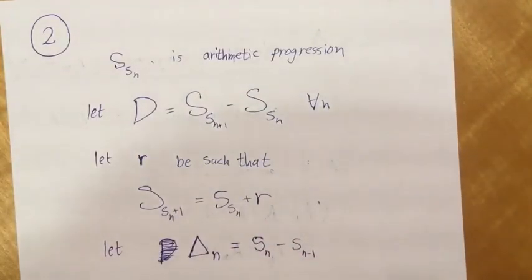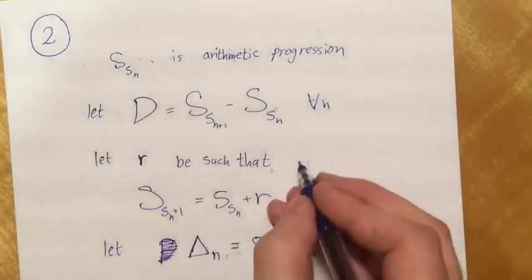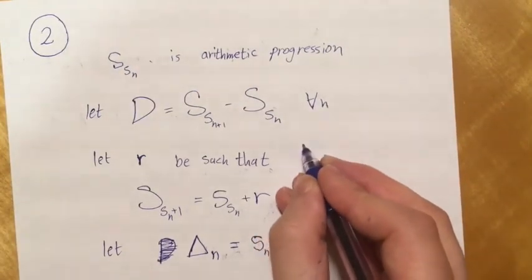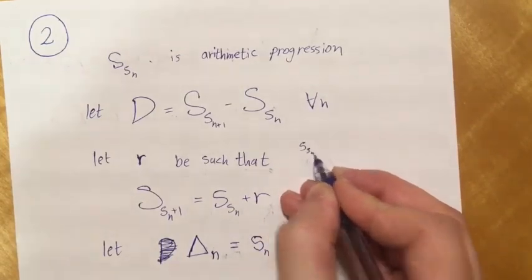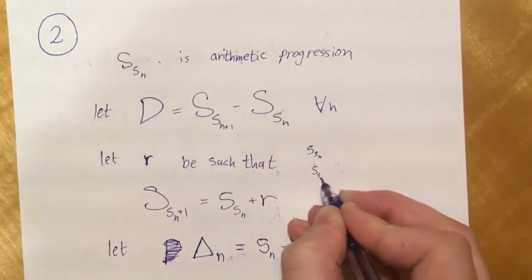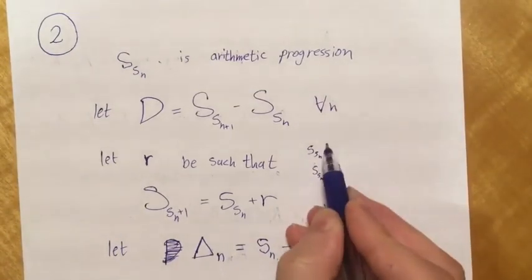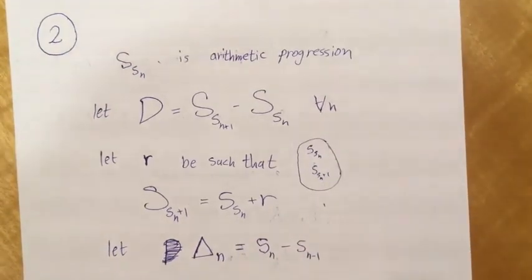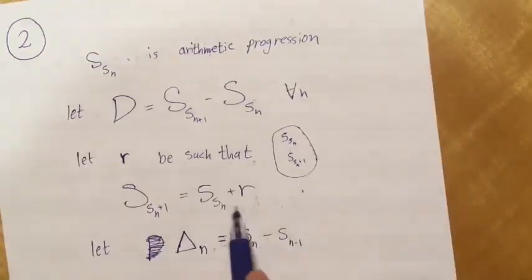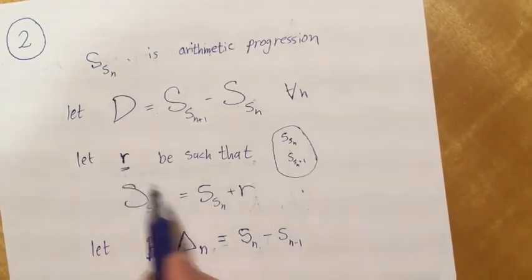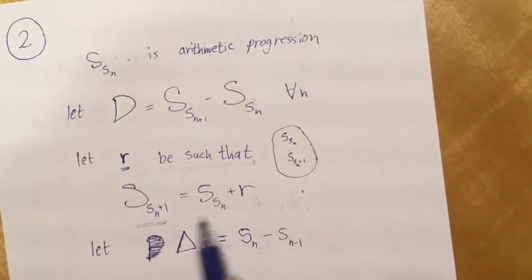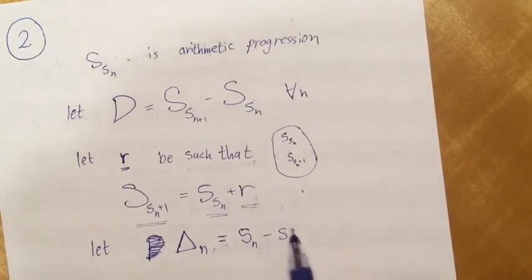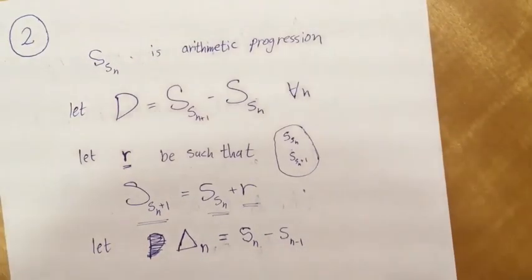Now, similarly, since the arithmetic progressions S_n and S_{n+1} are alternating, we know that there is a constant R such that S_{n+1} equals S_n plus R. So let's just label it R so that we know what we mean when we say R later.